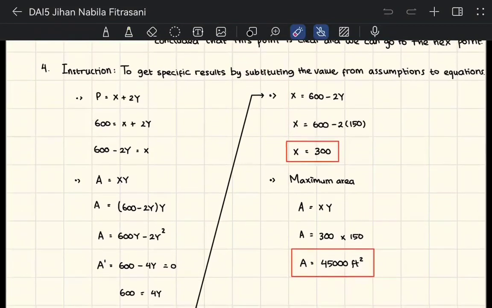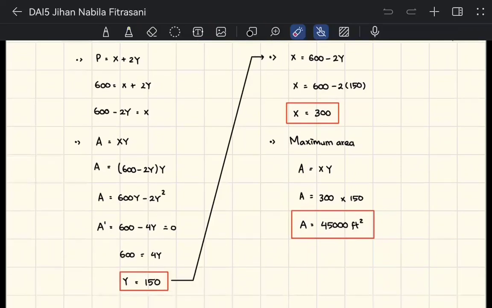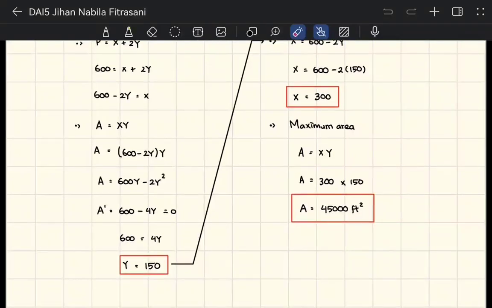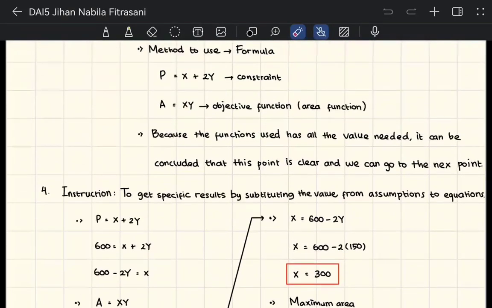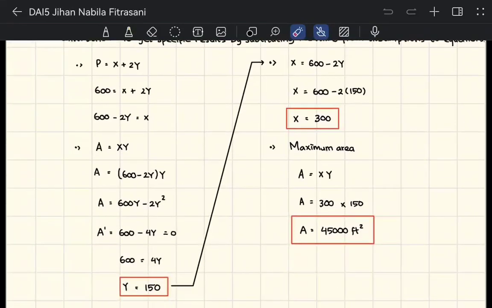From the value of y, we can get the x value, which we just substitute into the formula that we have gotten, and the x value will be 300. To get the maximum area, we just use the area function, or the objective function, and we get the maximum area of 45,000 square feet.